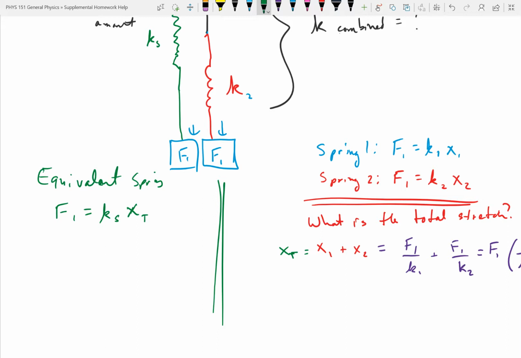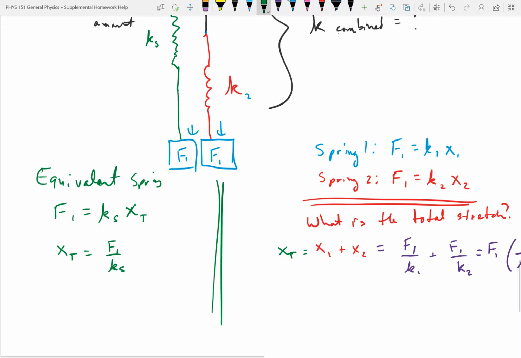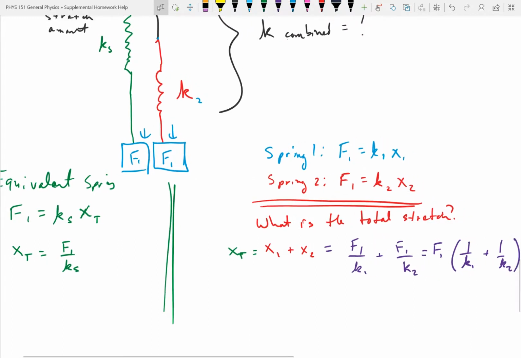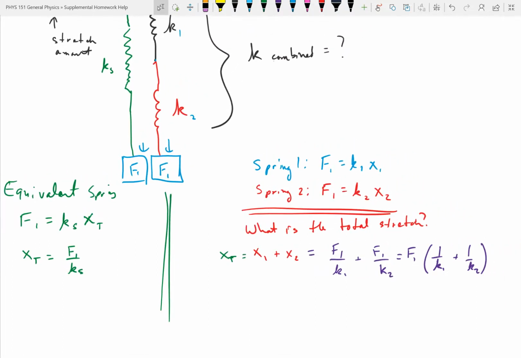And so solving this for X total is equal to F1 over K series. And now we can compare the two relationships, and we see that by comparison, we must have 1 over K series is equal to 1 over K1 plus 1 over K2.